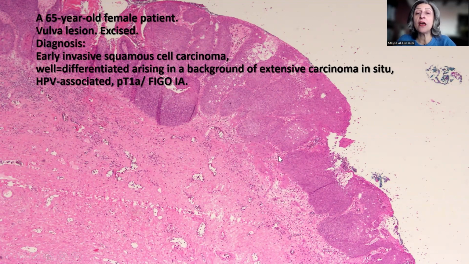The features of early invasion are those of what we call paradoxical maturation. The cells acquire more abundant cytoplasm that is becoming acidophilic with the vesicular nucleus and prominent nucleolus.